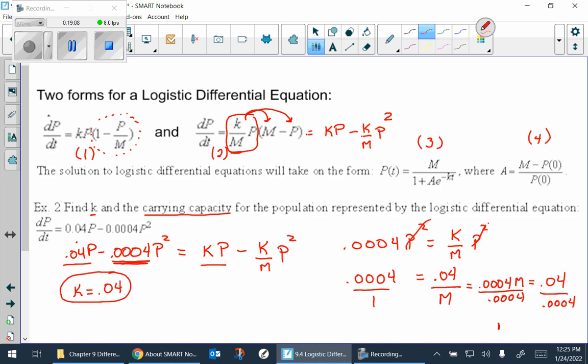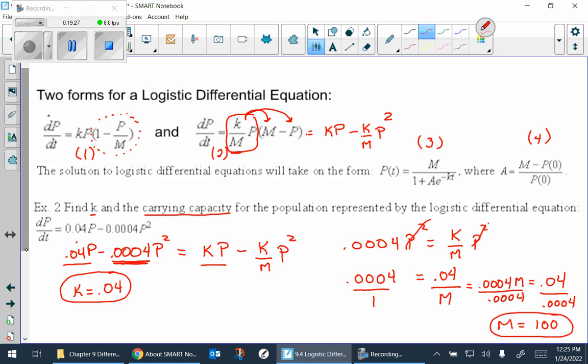I think you get M, and double check my work, but I think you get M is 100.